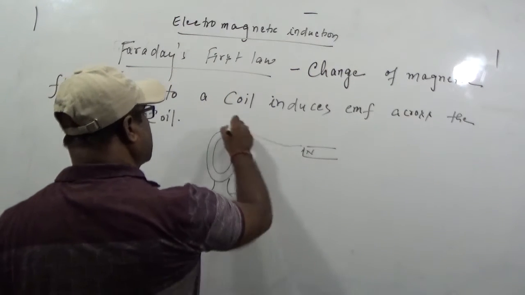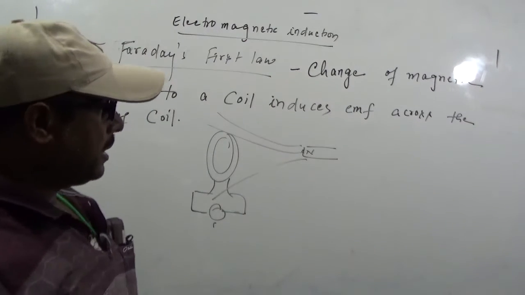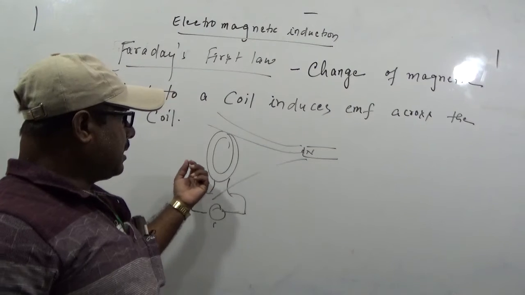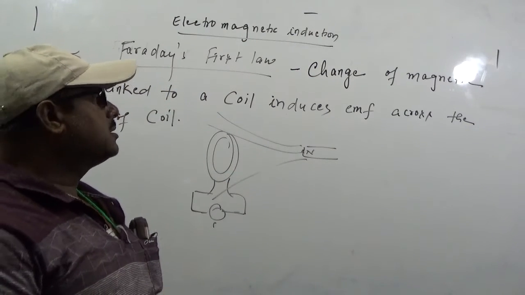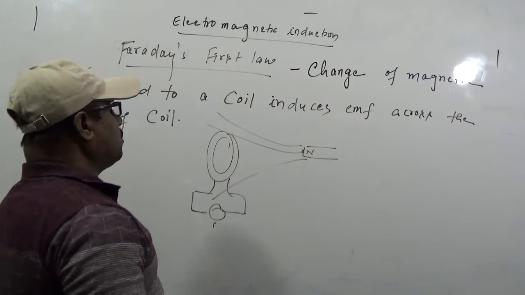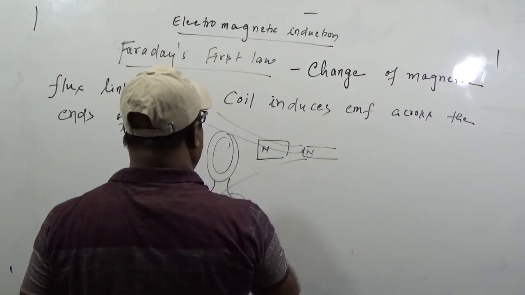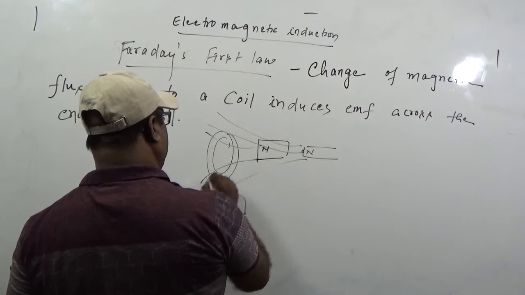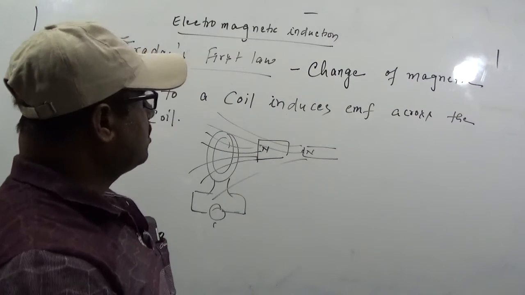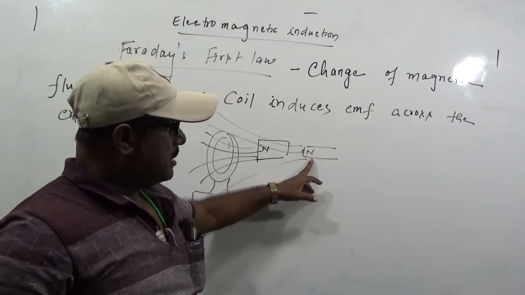In the first case the magnetic lines of force were not crossing the coil, but when it was moved towards the coil, we observed that there has been a change in the magnetic lines of force.